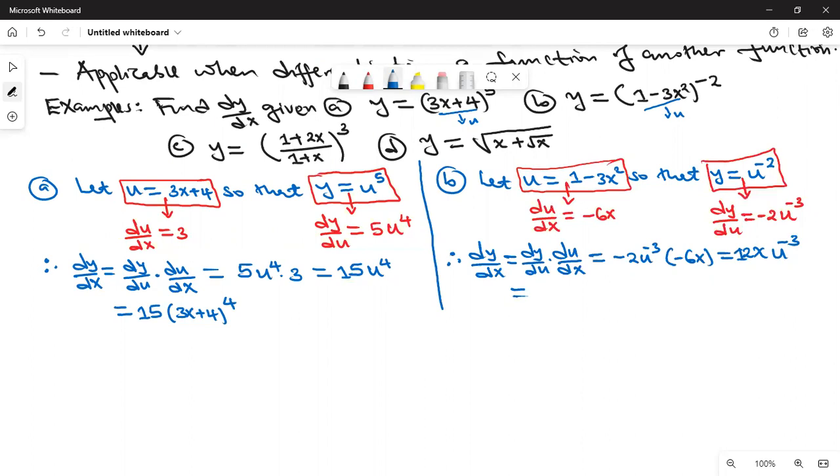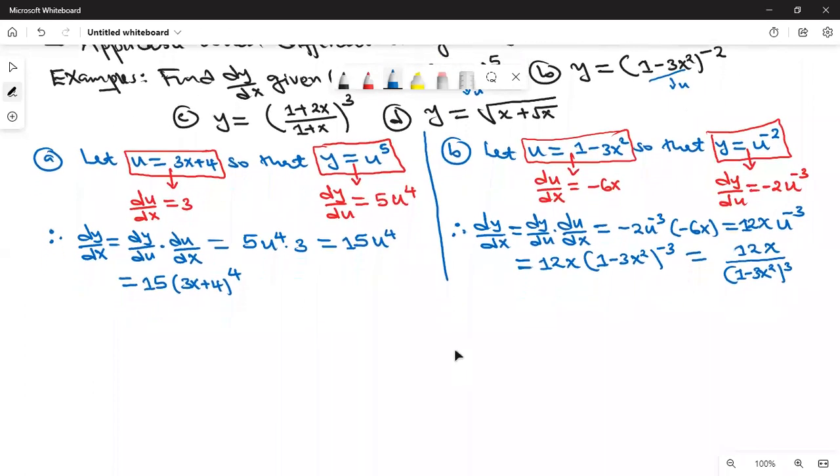So this is the same as 12x. Instead of u, we'll write 1 minus 3x squared, and this is raised to negative 3, which you can as well write as 12x divided by 1 minus 3x squared, and this is cubed. That is our derivative in part B.